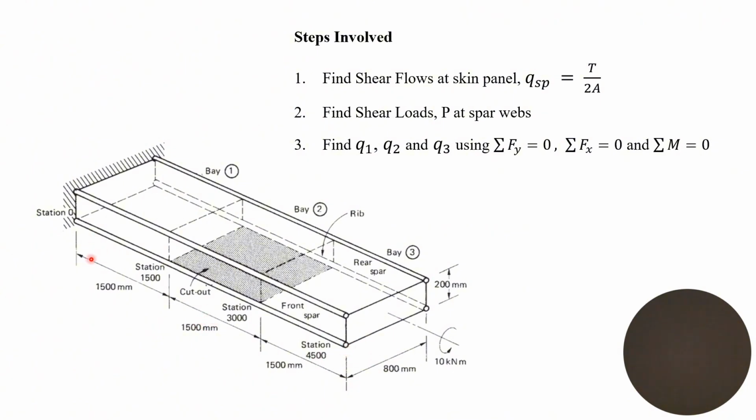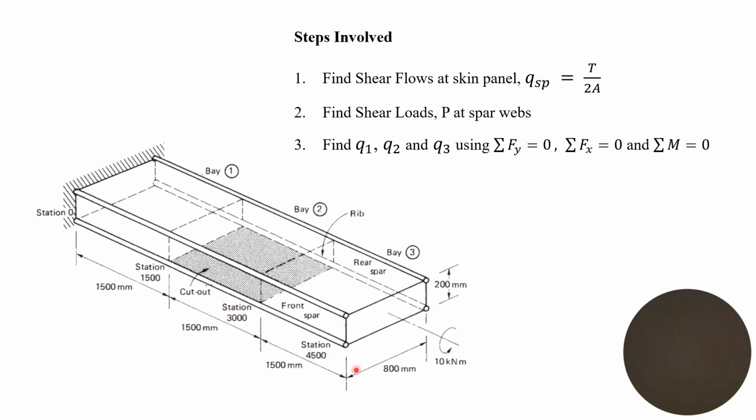This is similar to the previous lesson for a boom, where they add up the previous section or station. From station 0 to station 1500 it remains, and for the next station they add up the previous station distance, which is 1500 millimeter plus 1500 millimeter equals 3000.